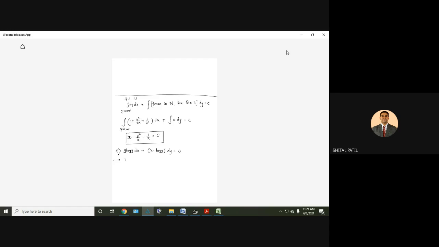So write down m equal to y log y. Del m by del y: product rule is to be used. Y as it is, derivative of log y is 1 upon y. Log y as it is, derivative of y is 1. That's it.